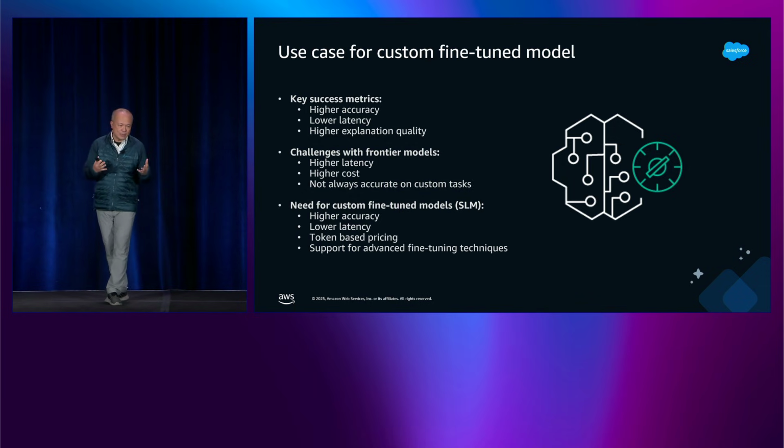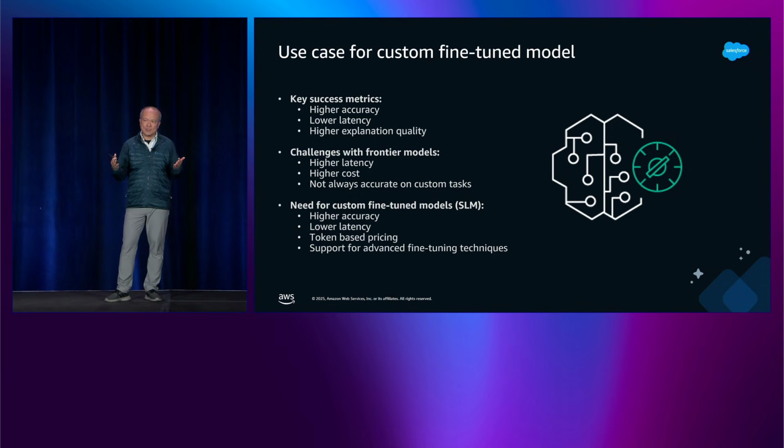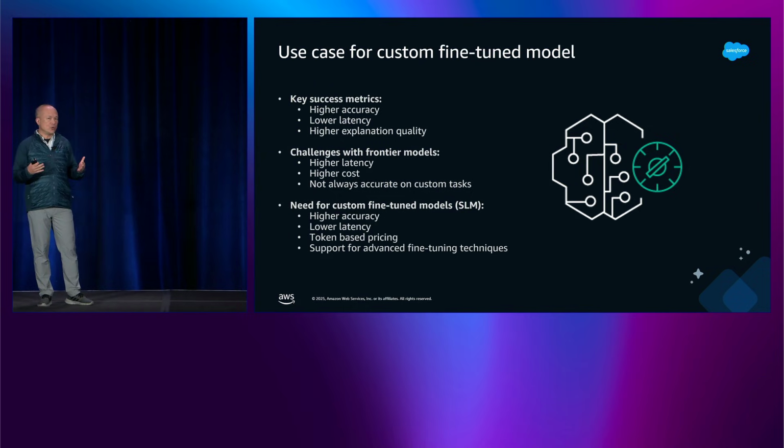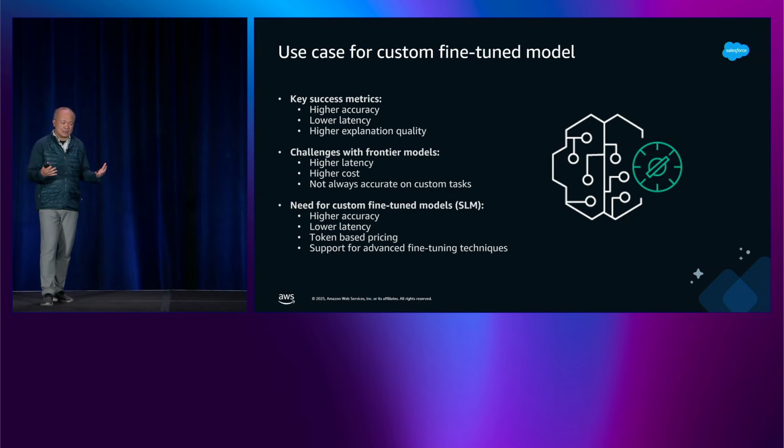So our criteria is very simple. We want high accuracy, but we want low latency, along with high explanatory power. And so the need drives us to look into creating our own fine-tuned small language model, this is what the industry usually calls it, so that we can get this balance of high accuracy, low latency, while providing low cost, right? Because we're able to host it and manage it ourselves on AWS.